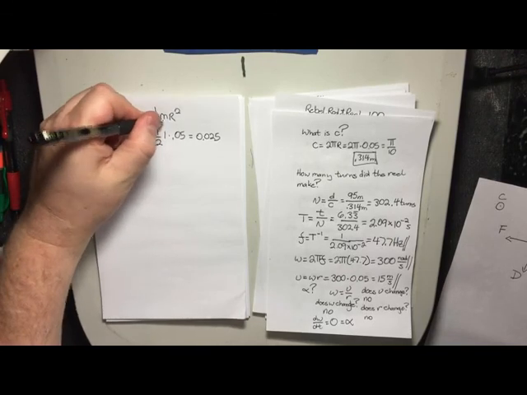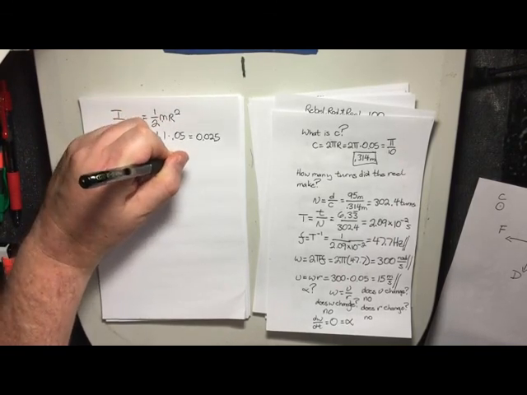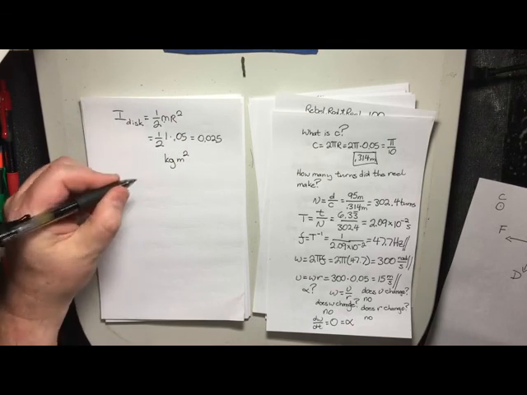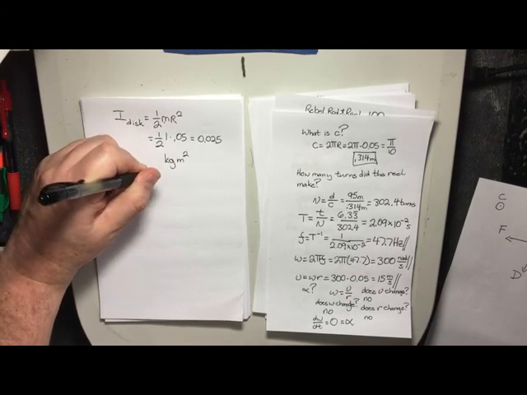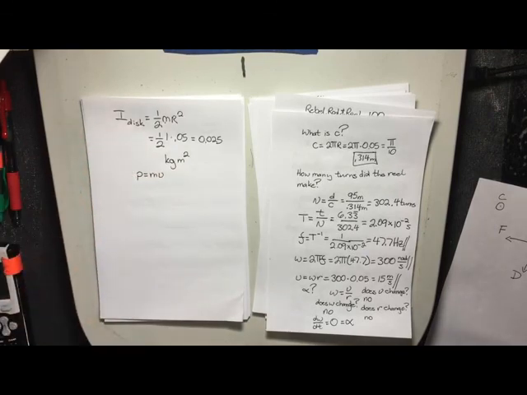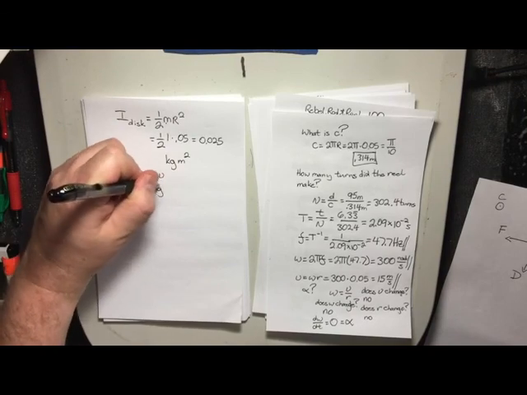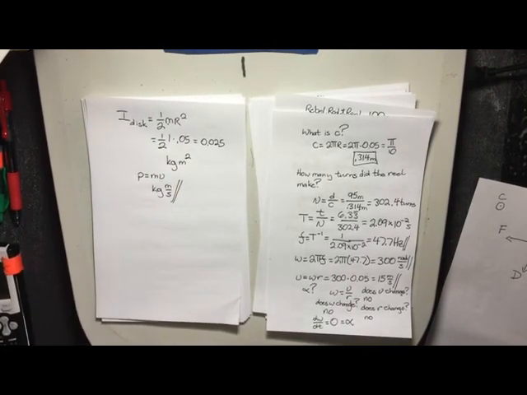If M is in kilograms and R is in meters, then the units are kilograms meters squared. Just like in class last night, P is mv, and they wanted to know what the units for momentum are. Well, m is kilograms, velocity is in meters per second. There you go, done.